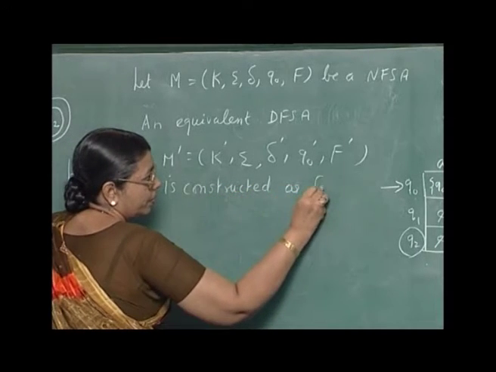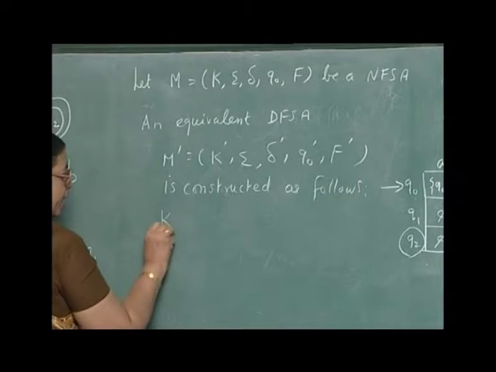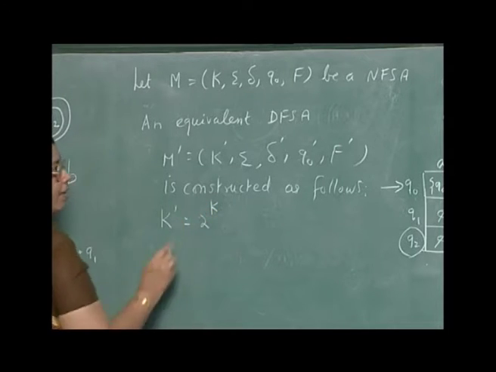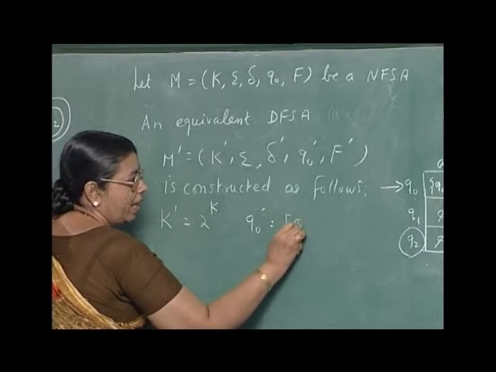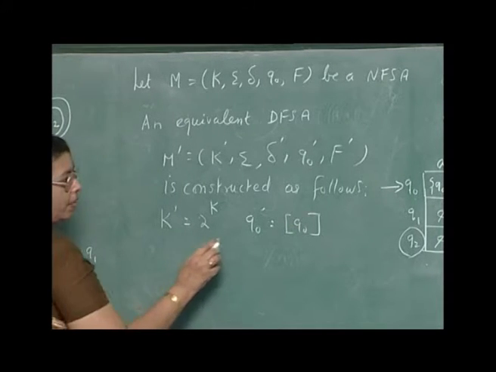K dash is 2 power K, that is all subsets of K will be K dash. Q naught dash will be the set containing Q naught alone.